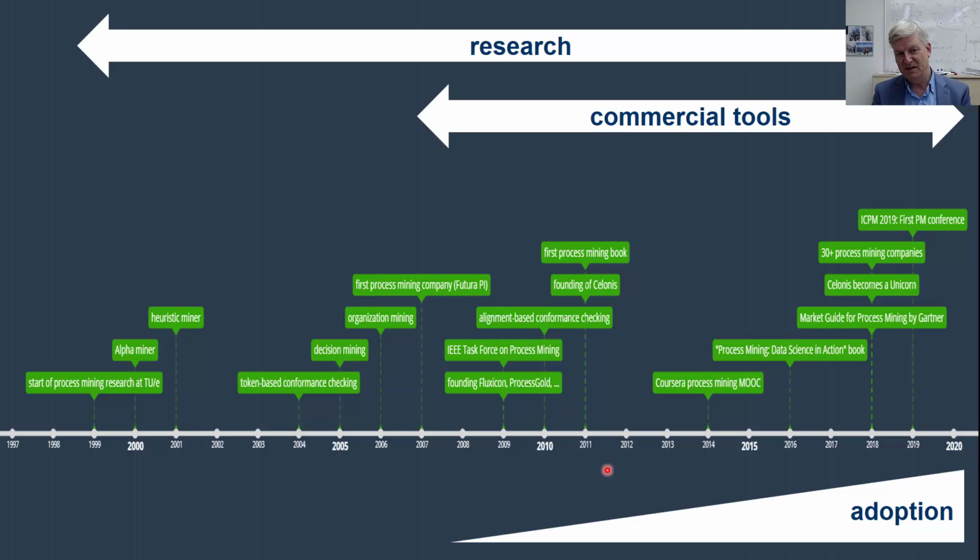For example, a company like Fluxicon, that is selling the Disco tool that I showed earlier, was founded in 2011. A bit later, the Celonis company was founded by 3 students that started with the ProM process mining software and then built their own based on these ideas.